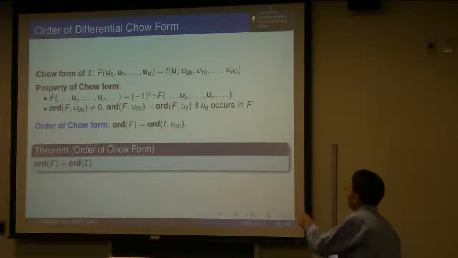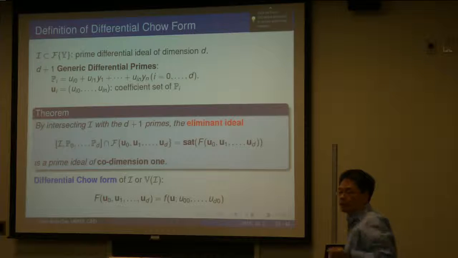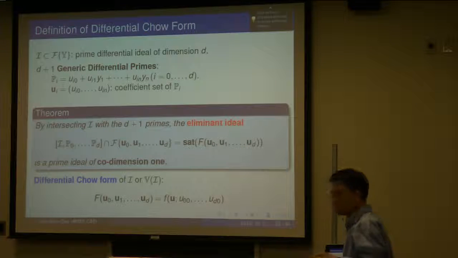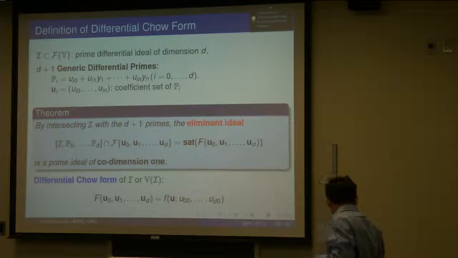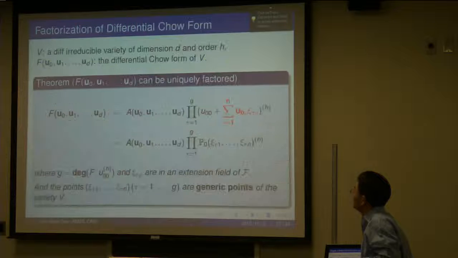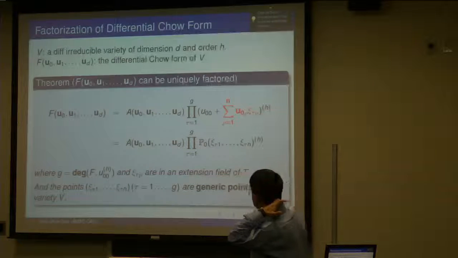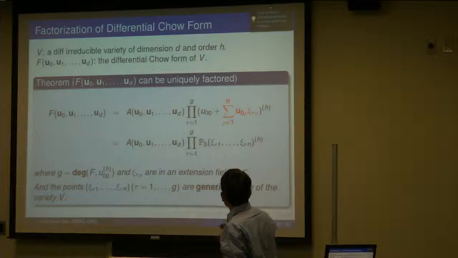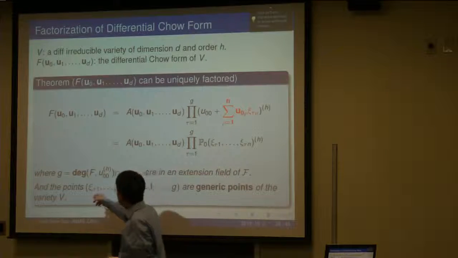So the Chow form is just a special case of the resultant. The other way, I will see that later. So P0 is basically a linear polynomial, so it can be written like this. Here, something inside, I define g.